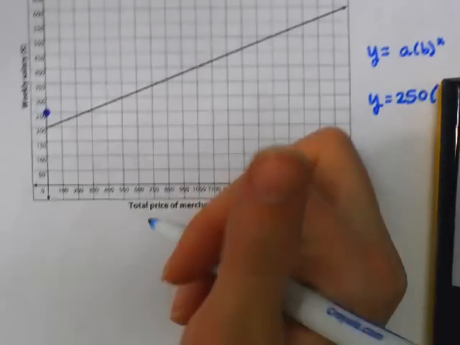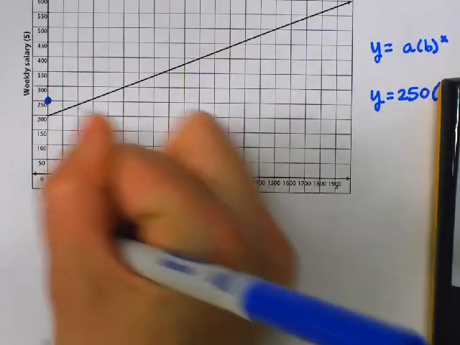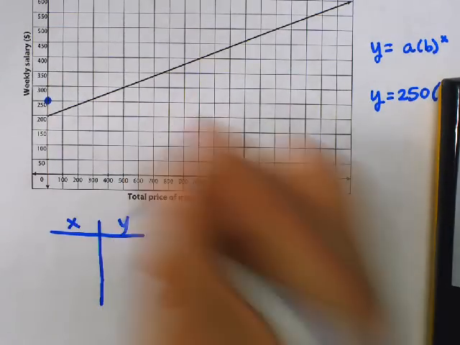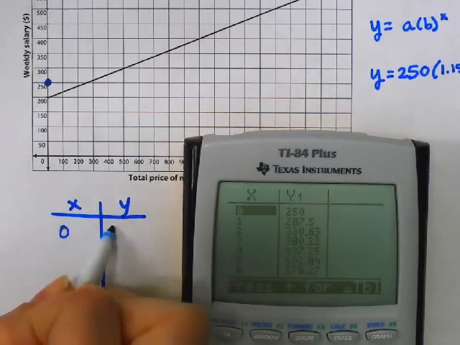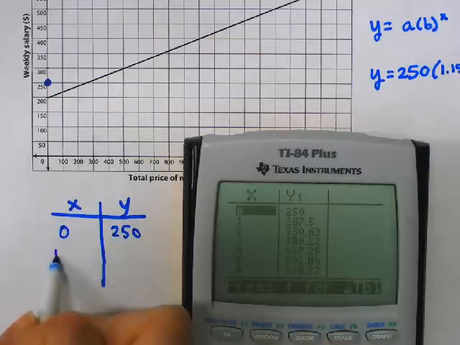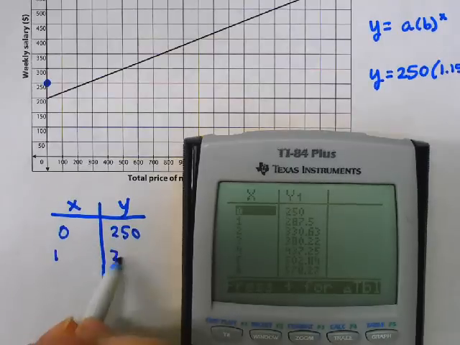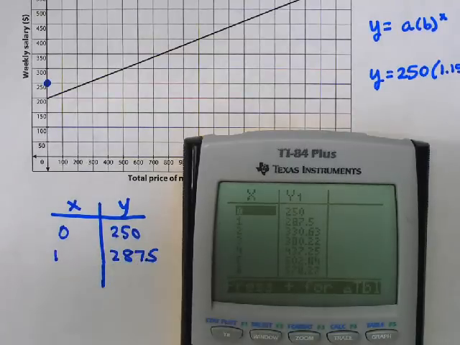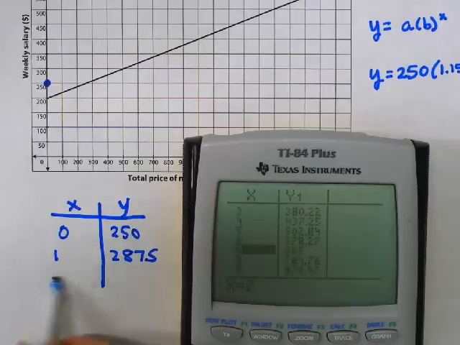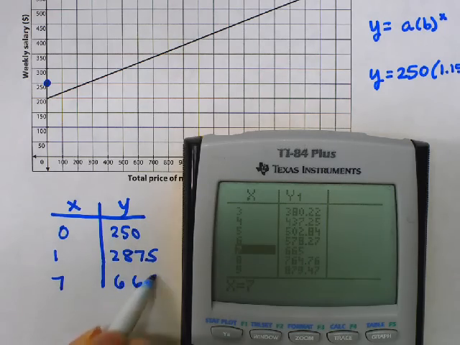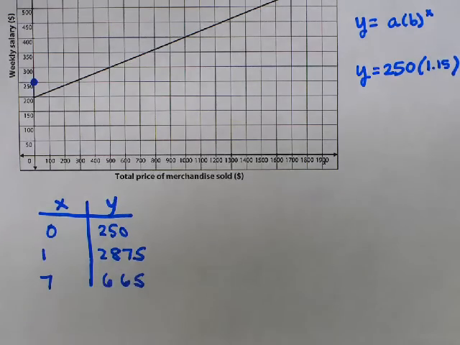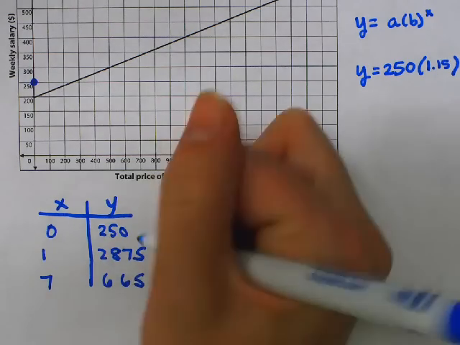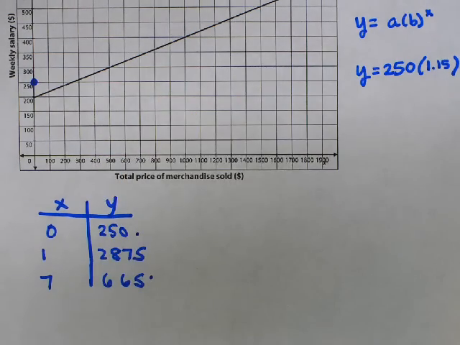So I'm going to go on ahead and copy down a few points from my table. I'll go 0, 250, and I'll go with 1, 287.5. I kind of wonder if there's like another perfect number. There is, 7, 665. And the reason I skipped all the way down to 7 is because I know I'm going to do my average rate of change formula, and I feel like those two would be the easier to put in the formula.